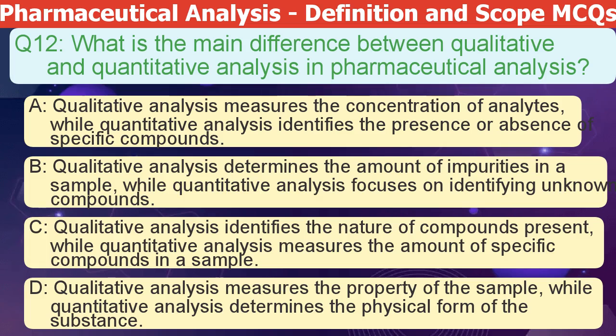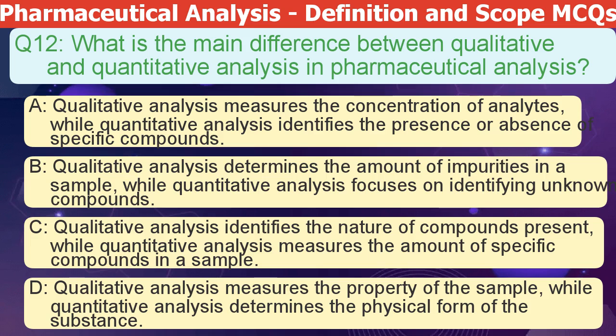What is the main difference between qualitative and quantitative analysis in pharmaceutical analysis? A. Qualitative analysis measures the concentration of analytes, while quantitative analysis identifies the presence or absence of specific compounds. B. Qualitative analysis determines the amount of impurities in a sample, while quantitative analysis focuses on identifying unknown compounds.